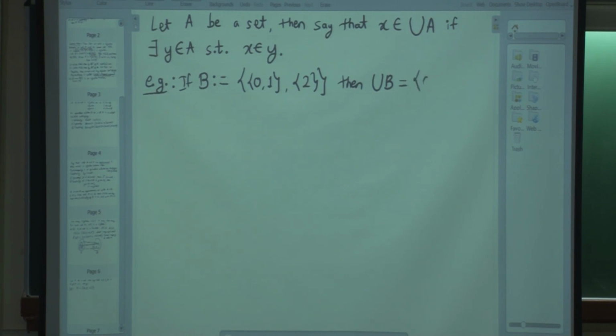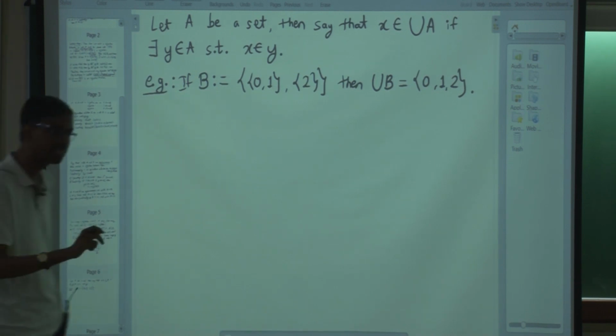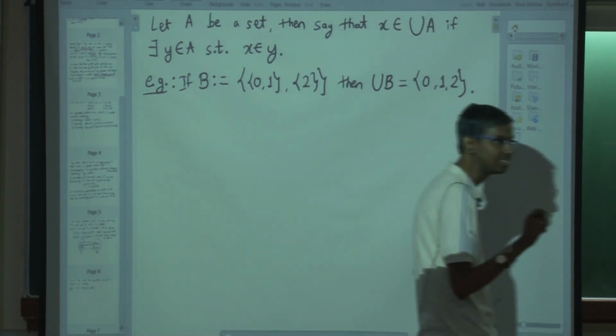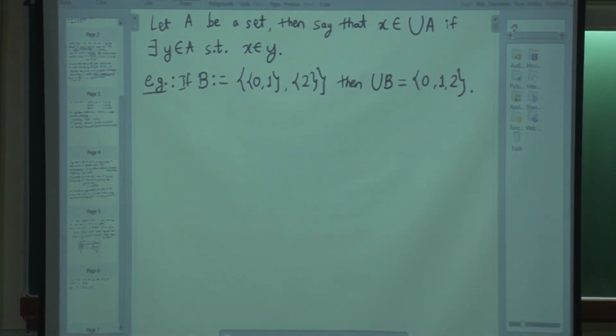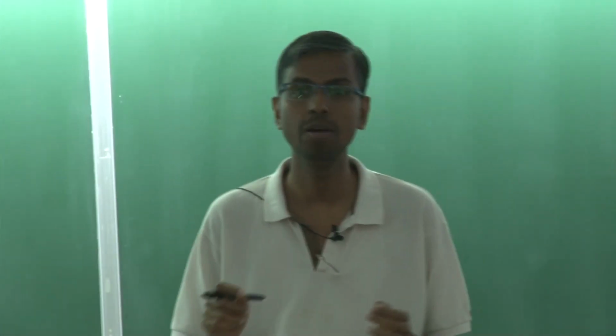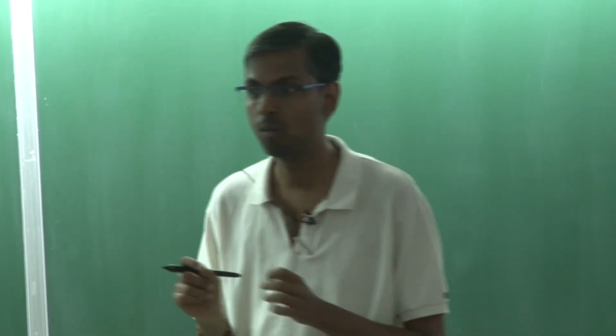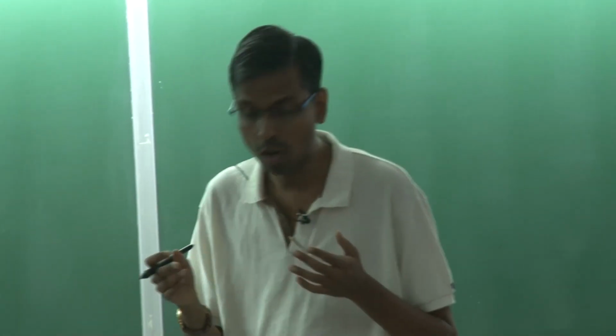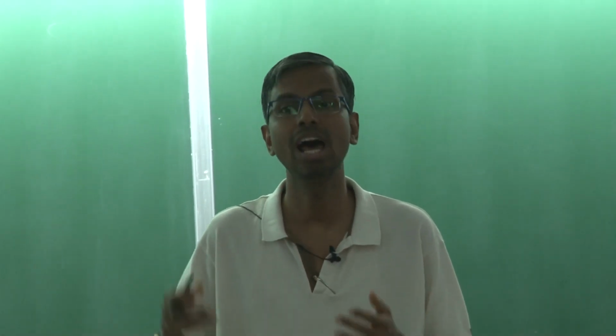There is some philosophy behind this notation, that there is no distinction between elements and sets. So when you start with a set, it is itself a family of sets. The elements of this set are themselves sets, so you can take the union of all of them. There is a particular axiom in ZF set theory, Zermelo-Fraenkel, which is called the axiom of union. It allows you to take unions of such things.